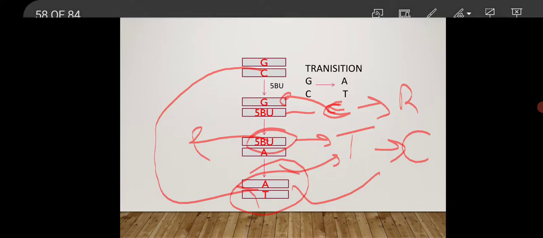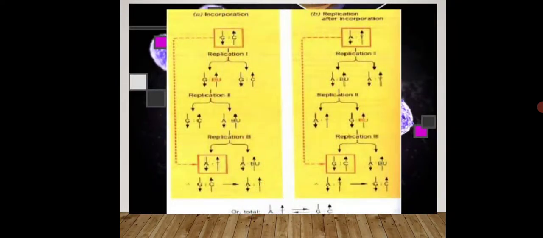So this is a very simple conversion, how the replication process actually takes place from AT to GC. This is the AT gene, replication 1. In replication 1, you will see that instead of thymine, there is 5-bromouracil. These two strands get separated, so instead of thymine there will be addition of 5-bromouracil, and this parental strand will be the same.